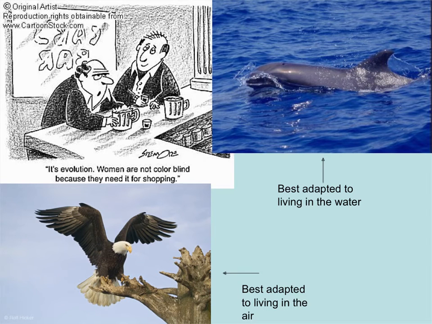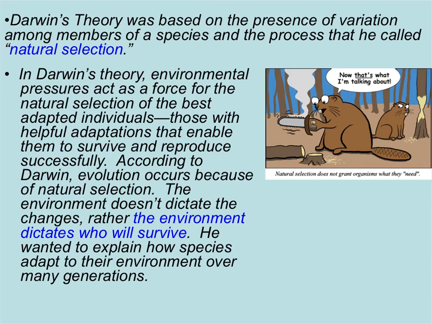Okay, so this is just showing you that a dolphin is better adapted to living in the water, and birds like the eagle are going to be better adapted for the air. And then this comic here is saying that women are not colorblind generally because they need it for shopping. That may be a little bit true.